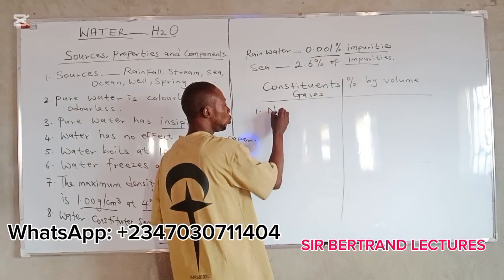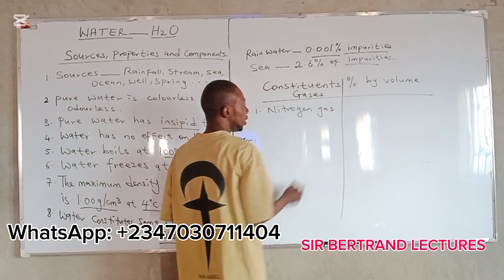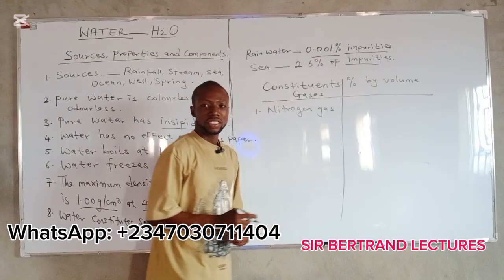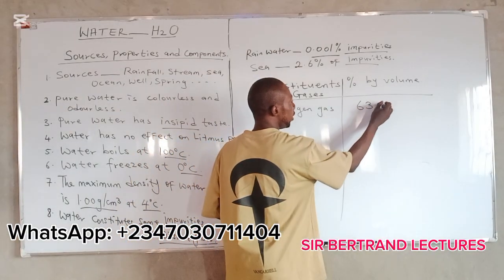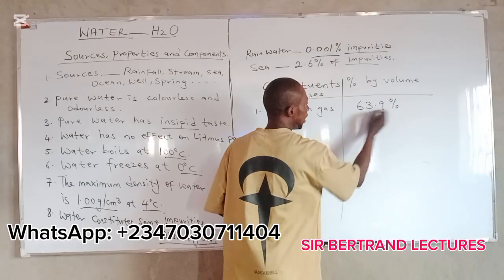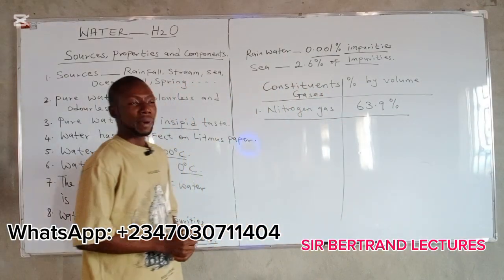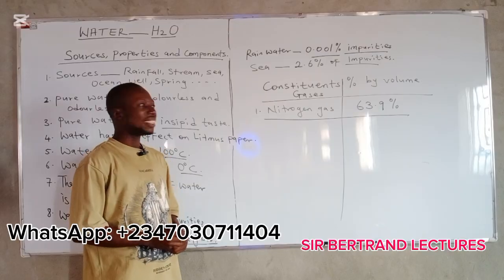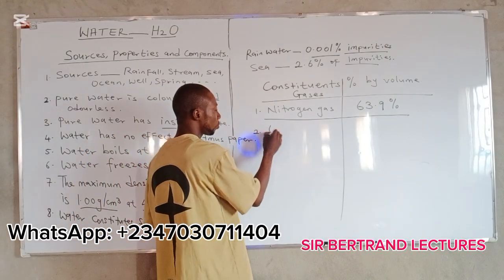Number one is nitrogen gas. Nitrogen gas constitutes about 63.9%. All right? Nitrogen gas constitutes about 63.9% in water.